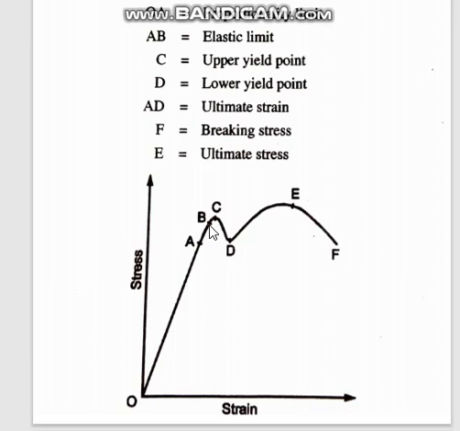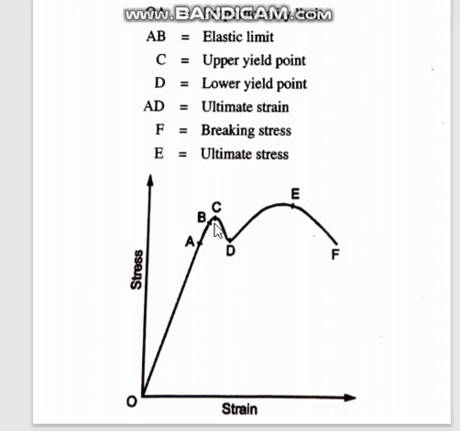In that case, we call that material an elastic material, and that is the point B, which is the elastic limit. If you cross that point and go further, then that's all. You will not get the original shape. It would have elongated a little. Permanent elongation would have taken place.